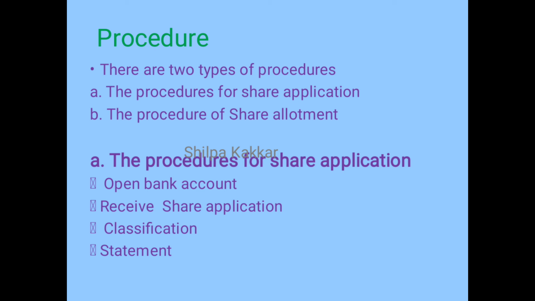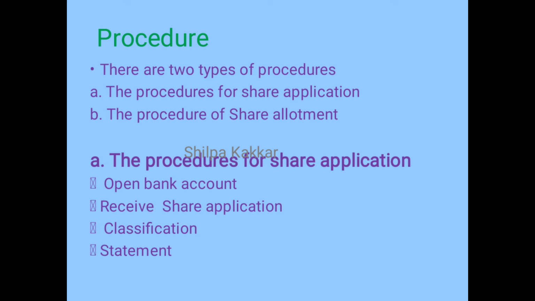You all must have heard about ASBA. ASBA is the application supported by blocked amount. Now these days the share application money is blocked by the bank where the applicant holds his account.